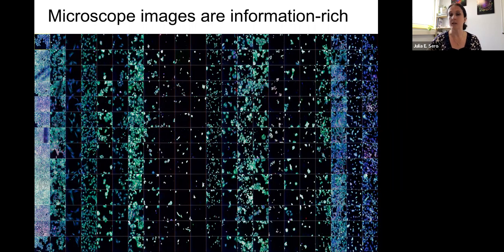What we're seeing here is an array representing one field of view from each well of a 384 well plate that was seeded with a panel of 22 different breast cancer cell lines and imaged using a high content microscope.